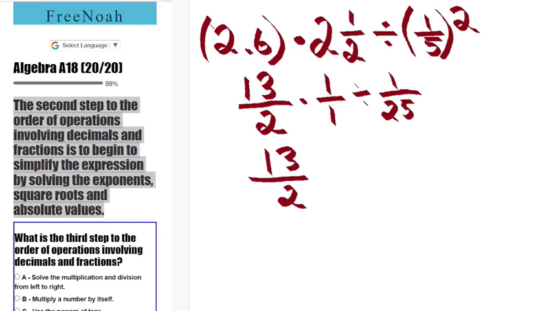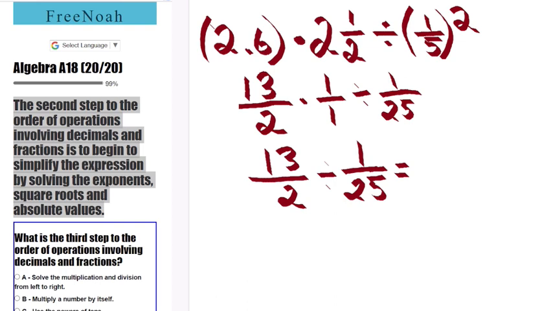So 13/2 times 1/1 is 13/2. Okay. And now we just simply drop down 1/25. So 13/2 divided by 1/25.